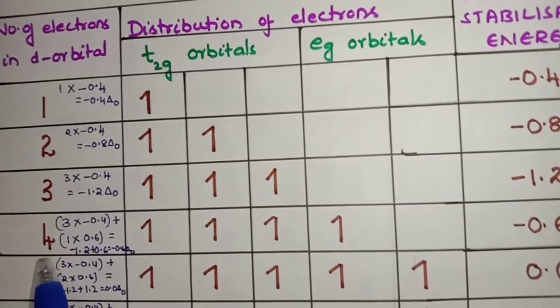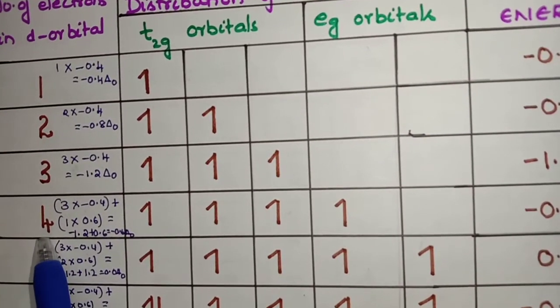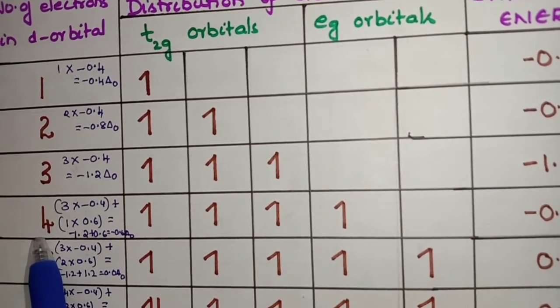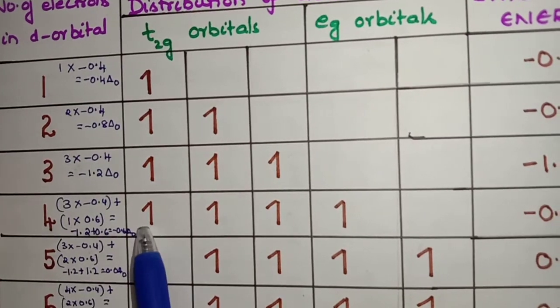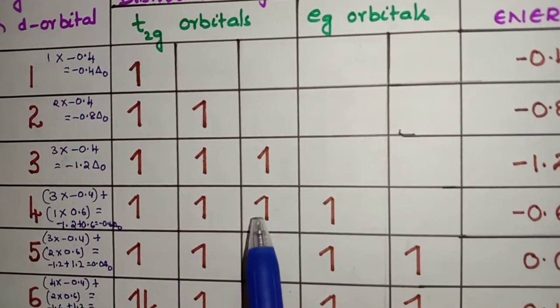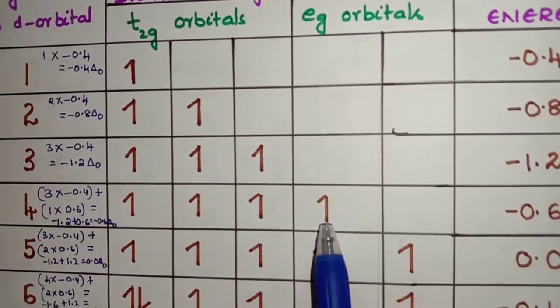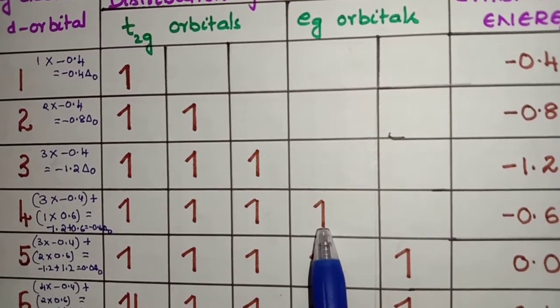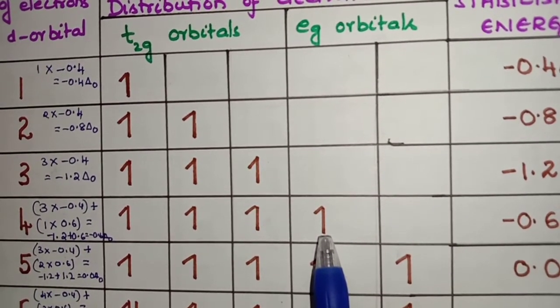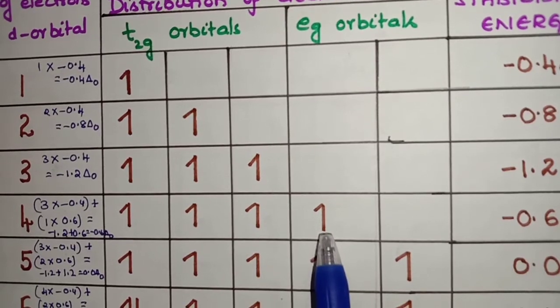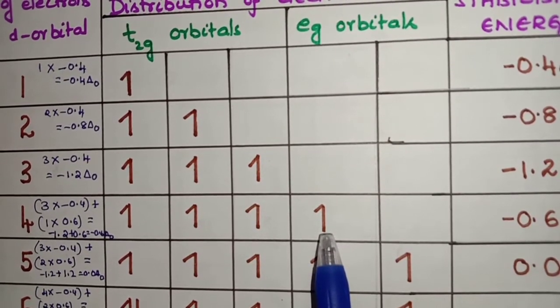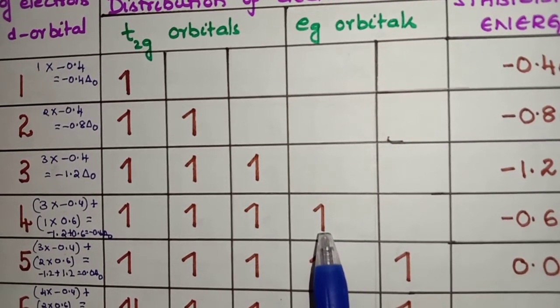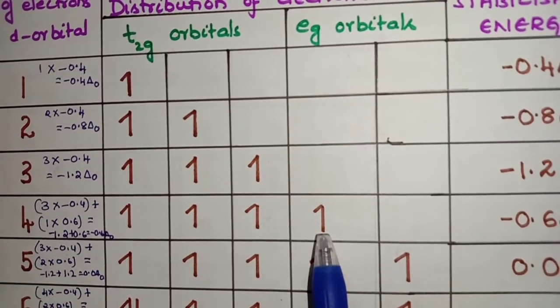Understood? Next, the fourth one. If the number of electrons in d orbital is 4: first electron, second electron, third electron, and the fourth electron comes into the eg orbital. Why? Because this is in the presence of a weak ligand. In the presence of a weak ligand, the electrons cannot be forced to pair up.